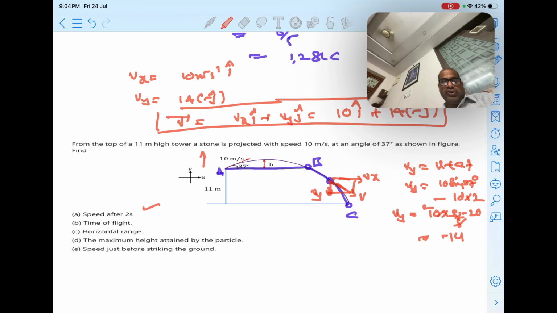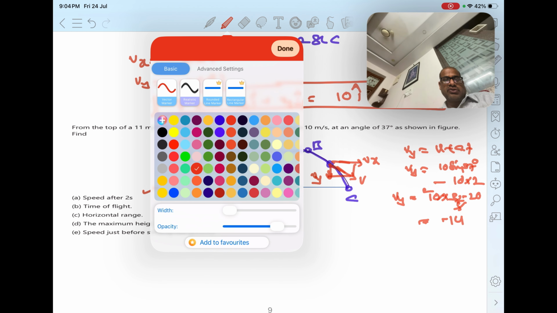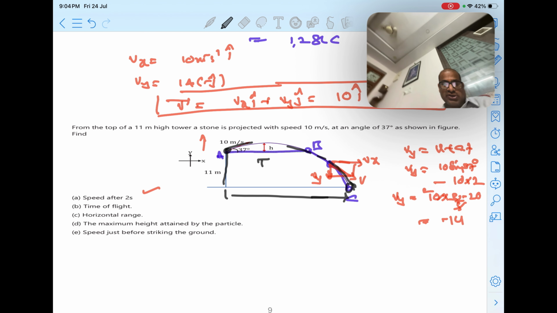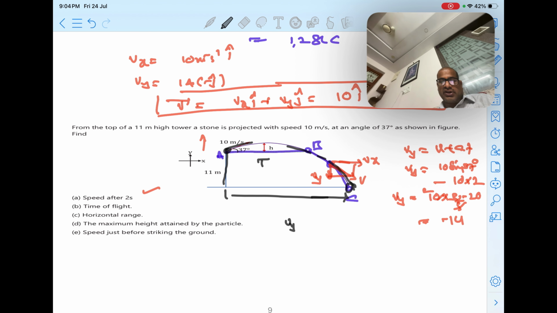Okay. So now next we have time of flight. Now you see, from point A to B to C, the distance traveled horizontally is the range. In the same time, the particle going from A to C is tracing the horizontal distance, and in the same time the vertical displacement is how much here? 11 meters, isn't it? So vertical velocity is u sin theta.